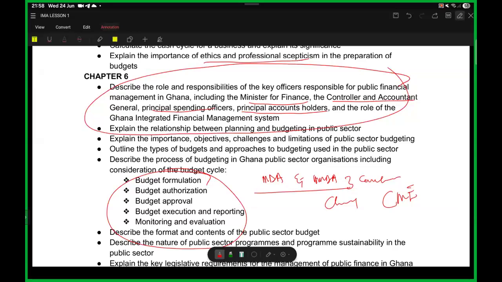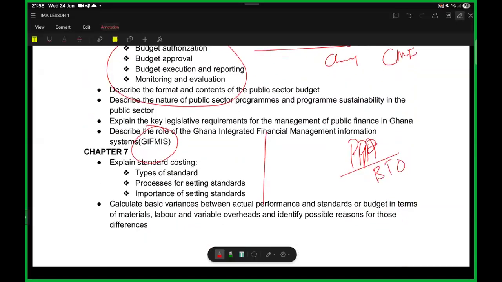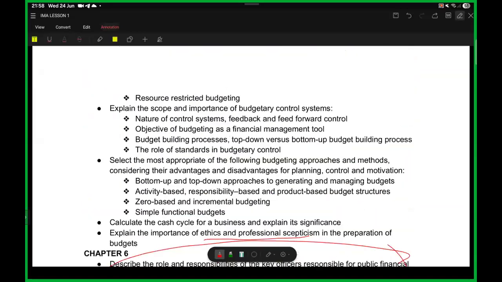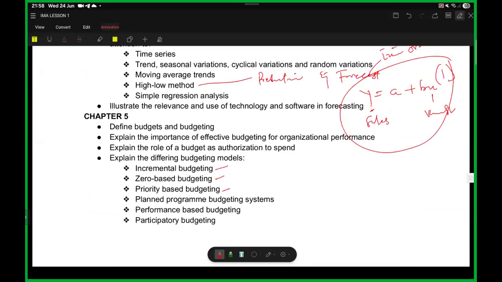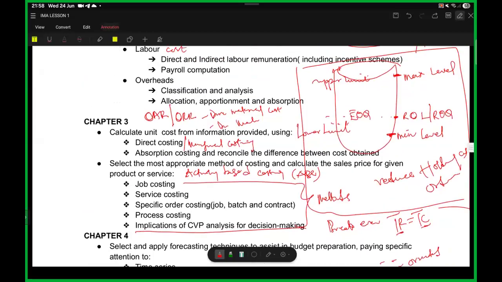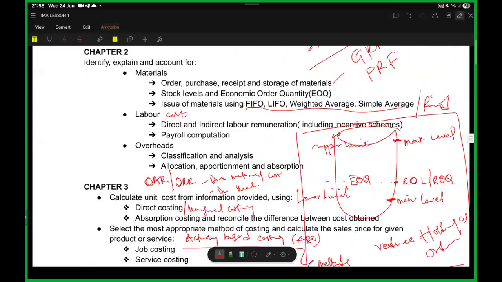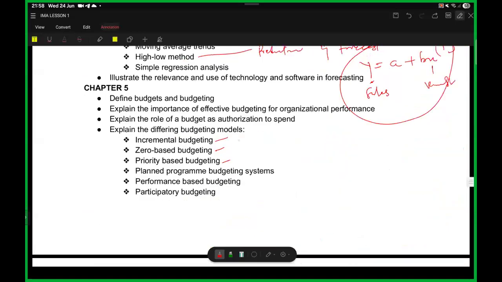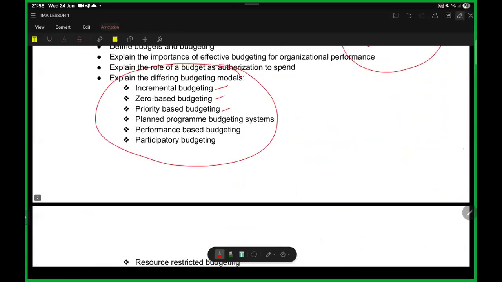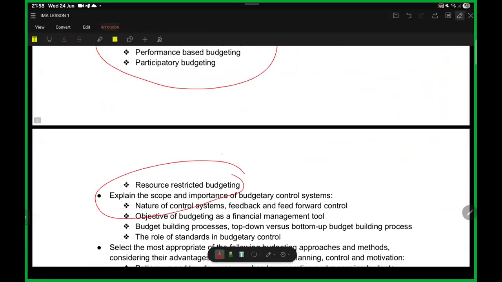If you have the slides and you are able to read intensively, you'll be able to go about the calculation. Know the difference between incremental, zero-based, priority, resource restricted, and all this. Read around that, and then I'm sure you should be fine.